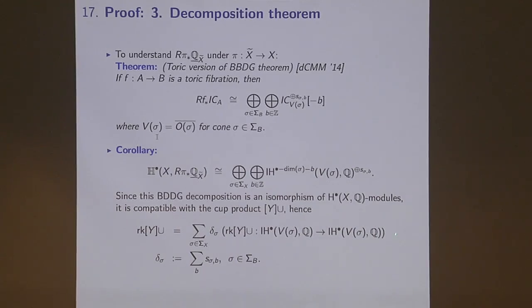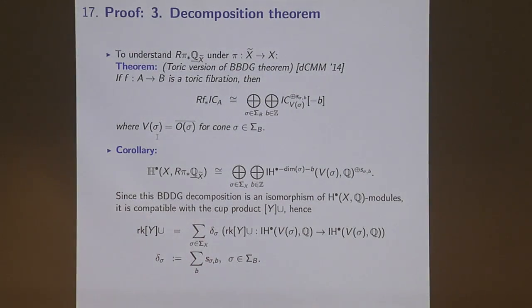And the reason is because this decomposition is not just a decomposition of vector spaces, but it's a decomposition of modules over the topological cohomology group of X. So that way, because cupping is an operation from the cohomology group, you can now use this cupping operation and operate on both sides and get the rank by computing the rank on the right-hand side.